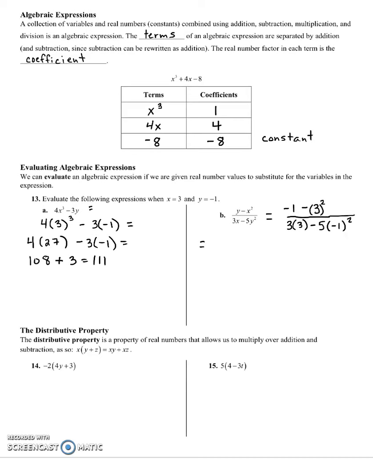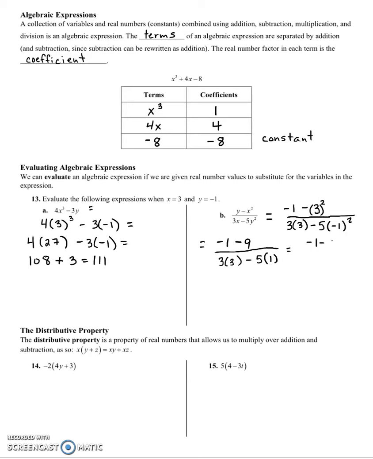So, exponents first, we have negative 1 minus 3 squared is 9, so minus 9 over 3 times 3 minus 5 times a negative 1 squared is a positive 1.